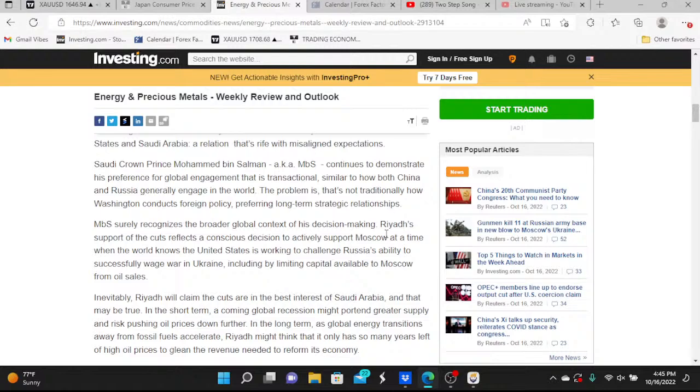Saudi Crown Prince Mohammed bin Salman continues to demonstrate his preference for global engagement that is transactional, similar to how both China and Russia generally engage in the world. The problem is that's not traditionally how Washington conducts foreign policy, preferring long-term strategic relationships.